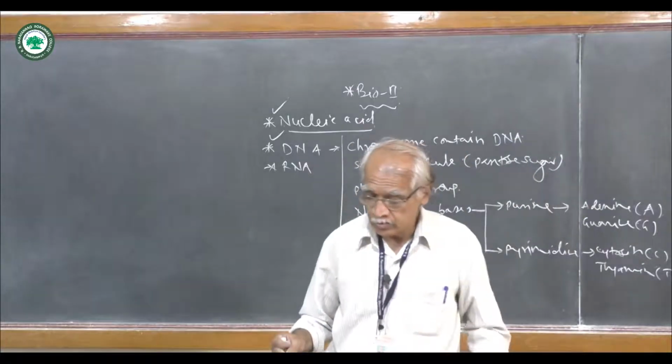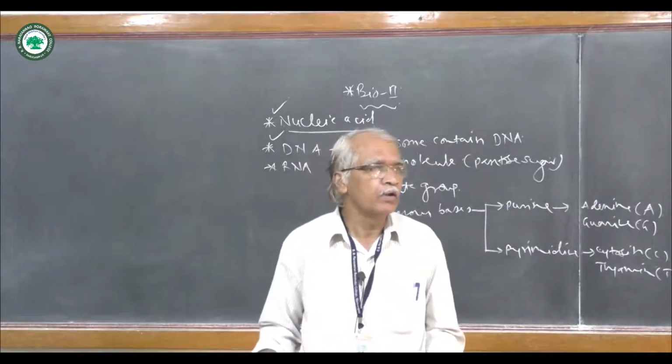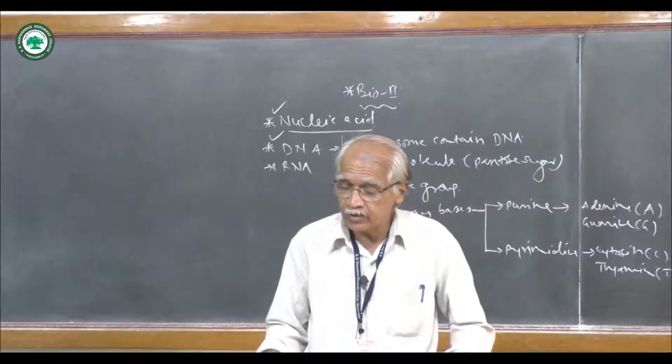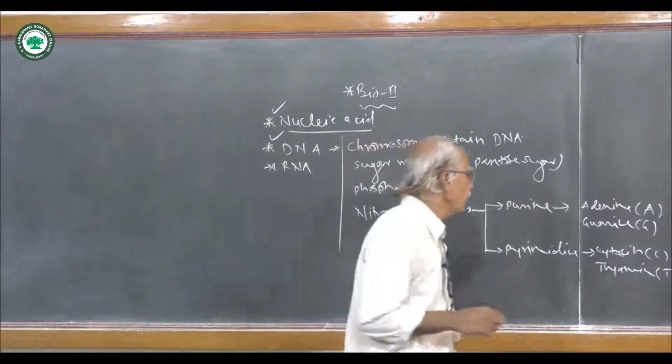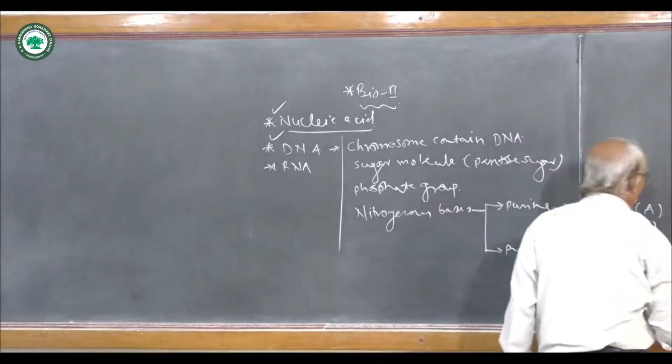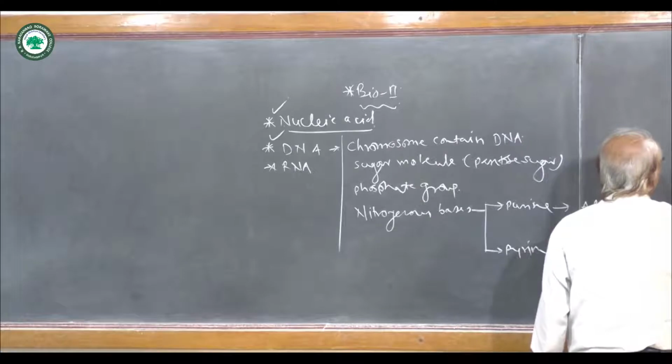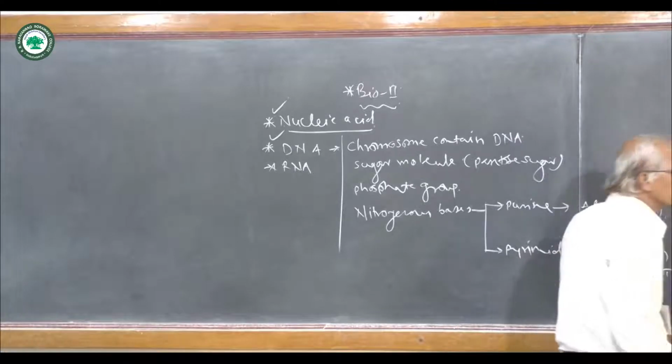These nitrogenous bases are always forming a pair like that: adenine is always paired with thymine, guanine is always paired with cytosine.